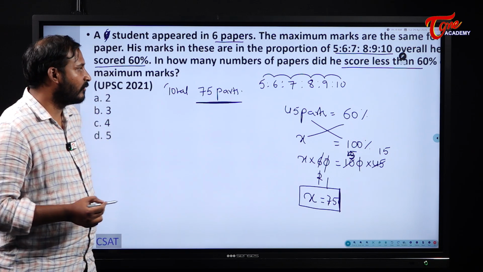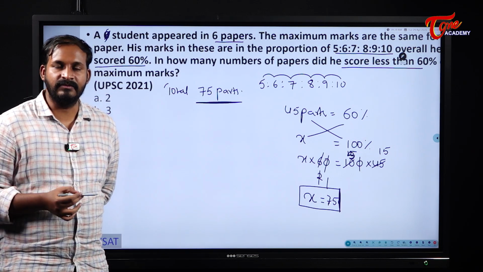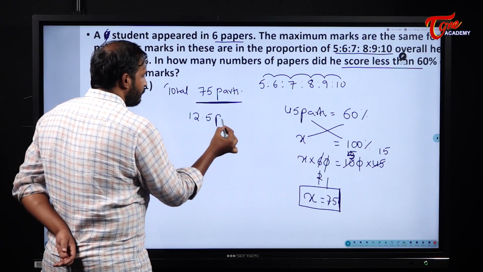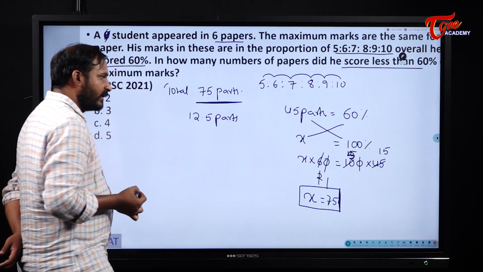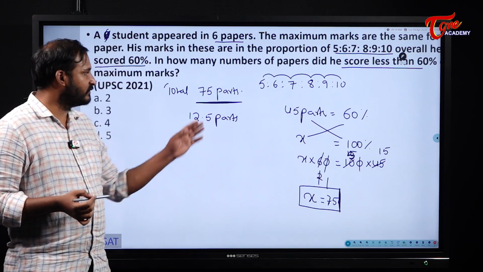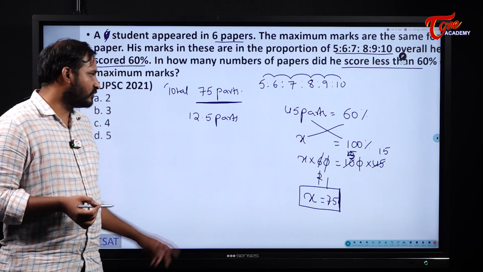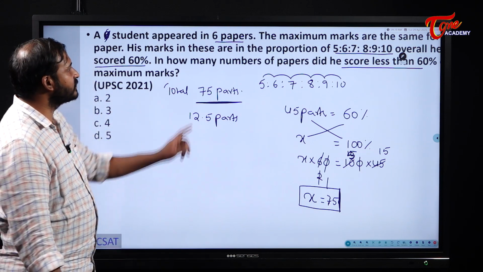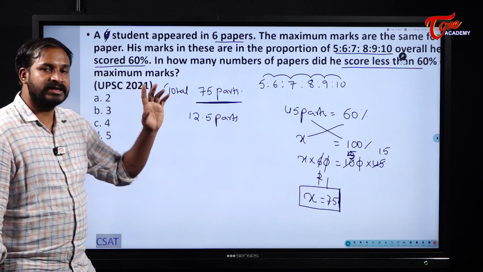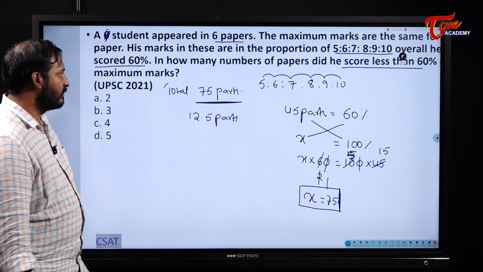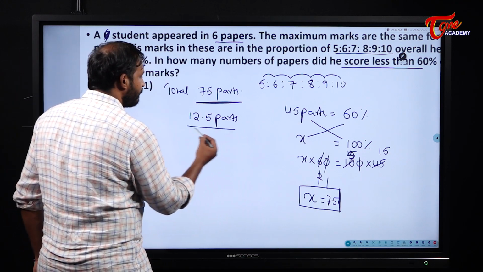Approximately 12.5 parts, because 12.5 into 6 is equal to 75. Each subject gets equal parts because all the papers have the same maximum marks.